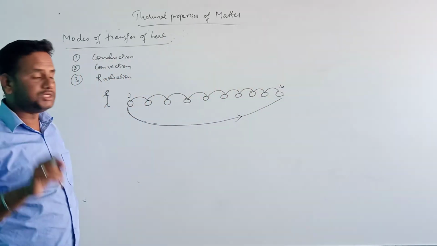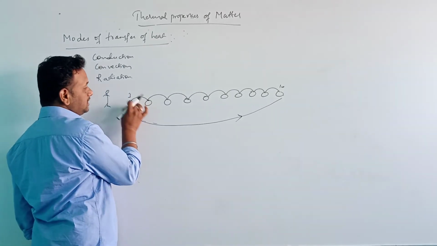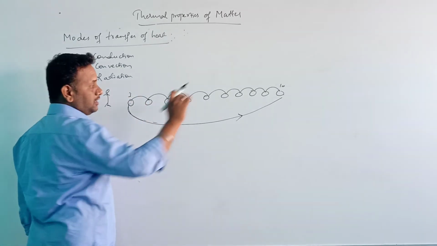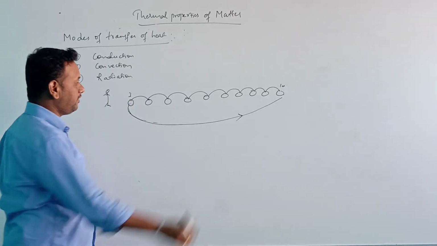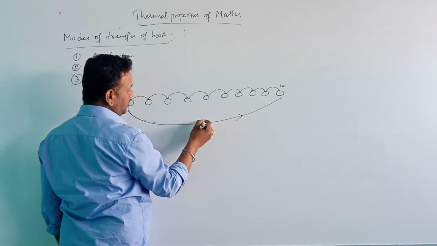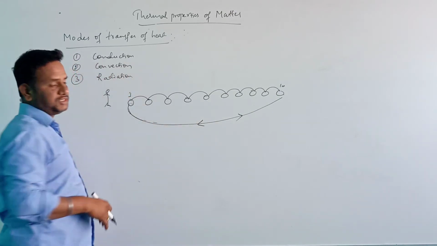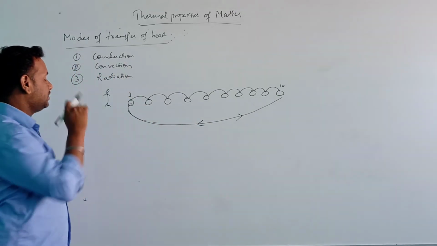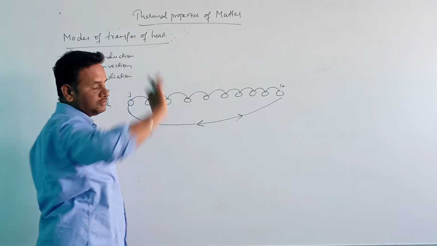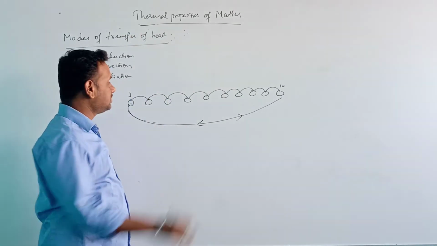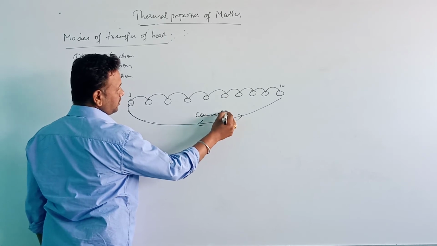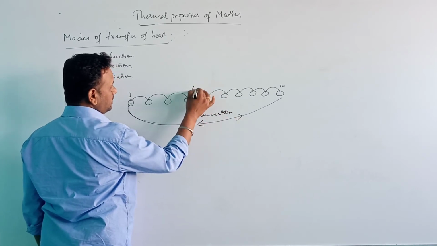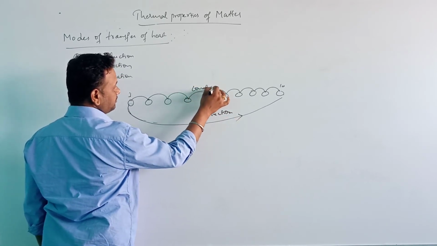Here the position of the first boy is changing, and after giving that apple, he comes back to the same position and sits there. So in this way he can give that apple to the last boy. This is called convection, and the earlier one is called conduction.